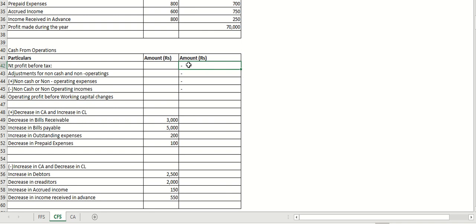So net profit before tax is 70,000. So now if we add all this, we get the amount to be 8,300, which is equal to 70,000 plus 8,300, you get 78,300.